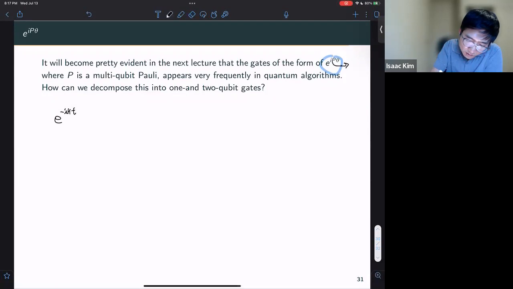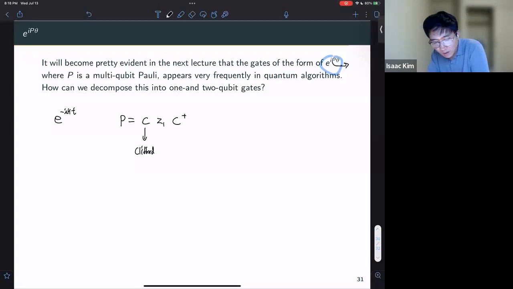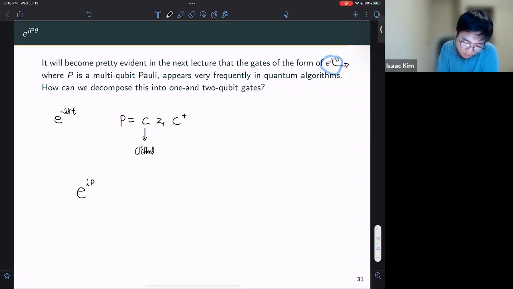No matter what this P is, as long as it is a Pauli, by the definition of the Clifford group, Clifford unitaries, we know that there is some Clifford unitary C such that if you conjugate a Pauli Z matrix acting on the first qubit, Z1, by C, you get Pauli P. That's very useful because that means that e to the I P theta is equal to e to the I C Z1 C dagger theta.